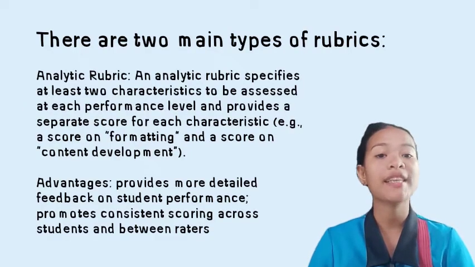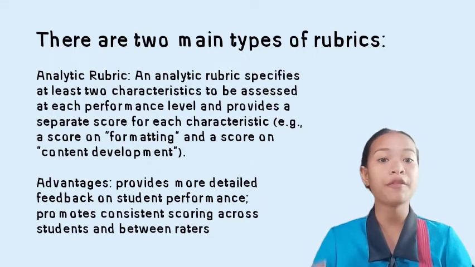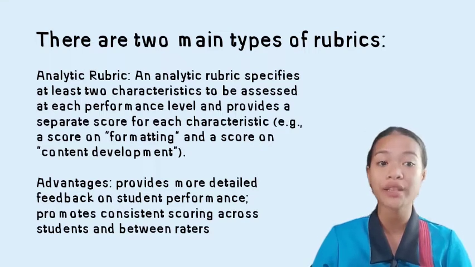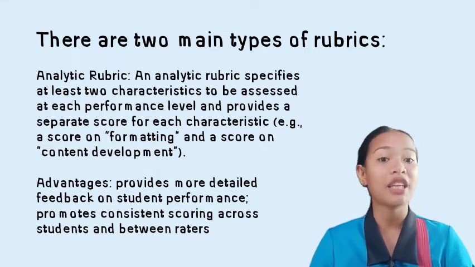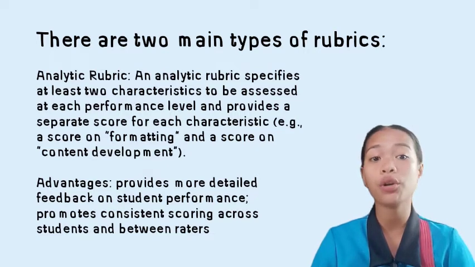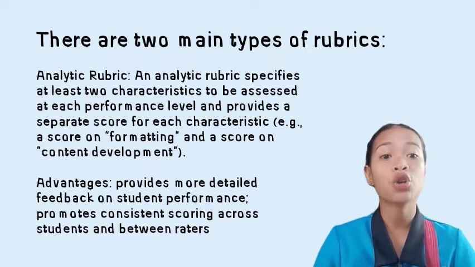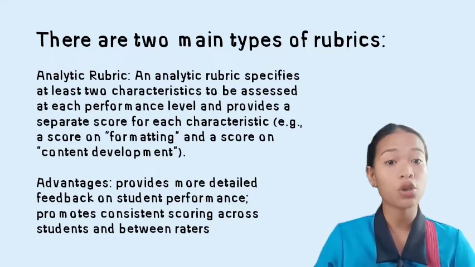First, the analytic rubric. An analytic rubric specifies at least two characteristics to be assessed at each performance level and provides a separate score for each characteristic. For example, a score on formatting and a score on content development.